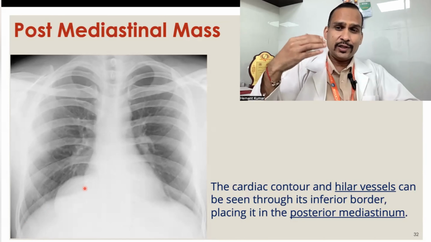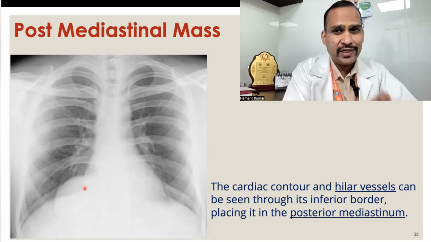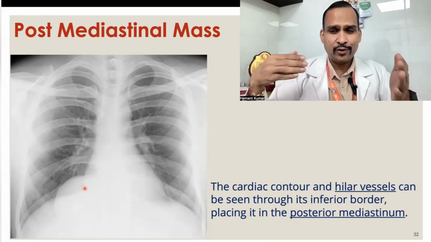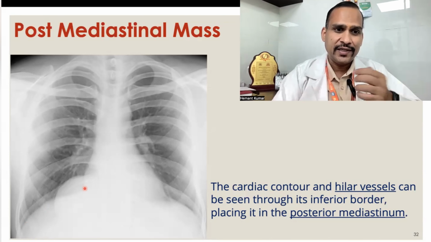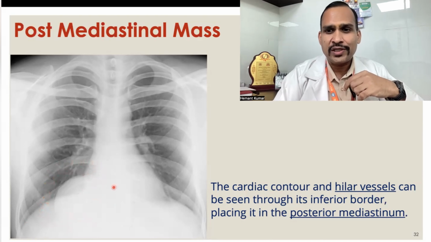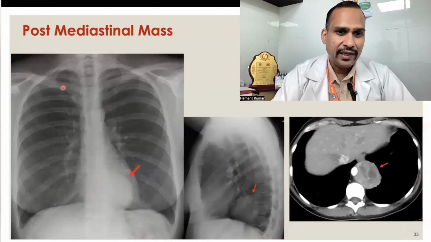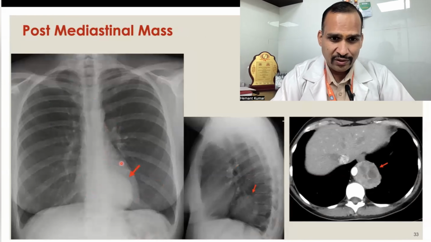So whatever you see first, you will appreciate in the posterior part, because rays are going from posterior to anterior. So posterior, you are seeing first this mass. So this is posterior mediastinal. Any doubt? Now same thing you can see on the left side.